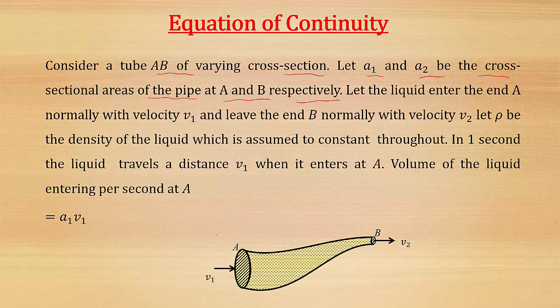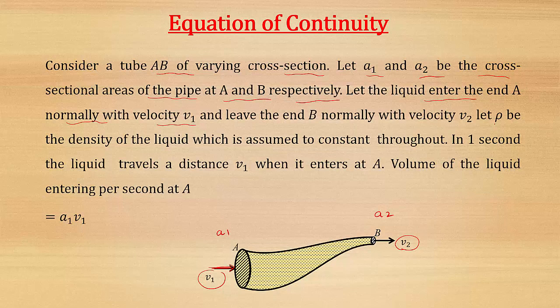Let the liquid enter the end point A normally, meaning perpendicularly, with velocity V1, and leave the end point B normally with velocity V2. It is entering from A, exiting from B with velocity V1 and V2.